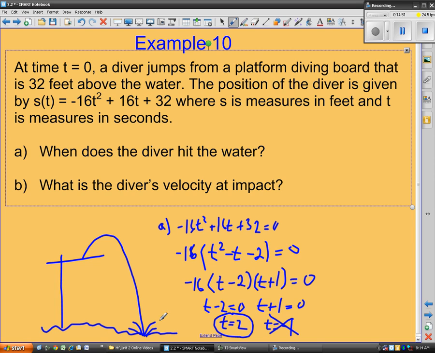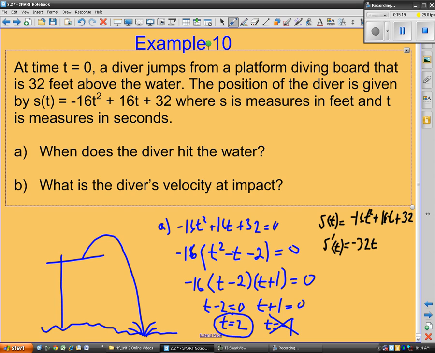So I'm going to say, okay, well, we have s of t, which was my original function, negative 16t squared plus 16t plus 32. If I take the derivative of this, following all my power rules, negative 2 times negative 16 is negative 32t, and then plus t to the first times the 16 gives me just plus 16. The 32 will drop out because it's a straight line.